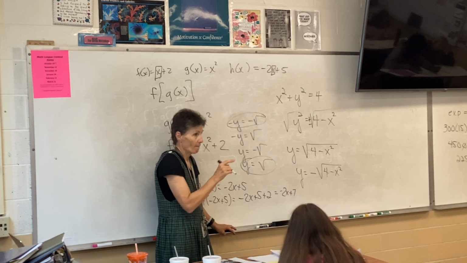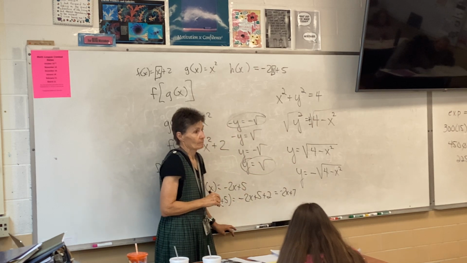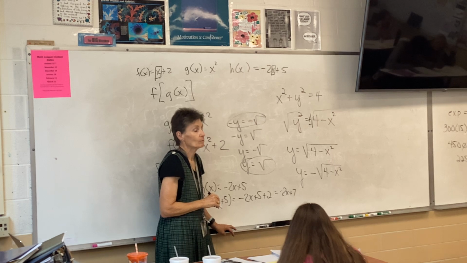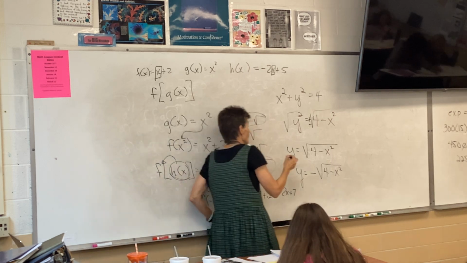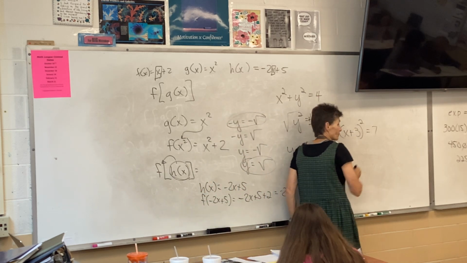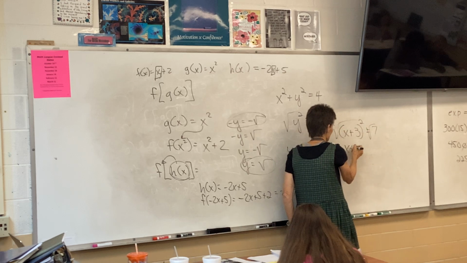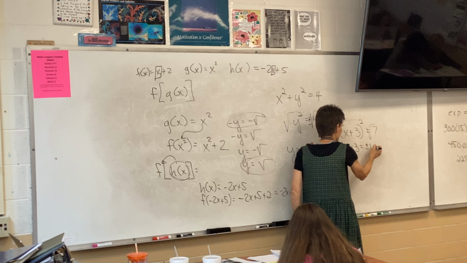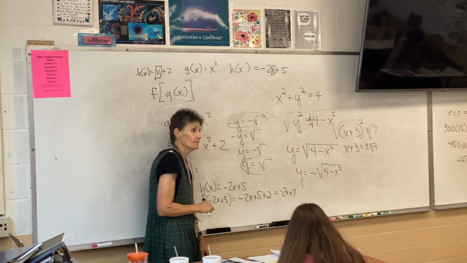So anytime you square root, you have to put plus or minus. Absolutely, you do. Think back when we completed the square, when we were solving equations and we had something like this, and we square rooted both sides, remember? We had to say x plus 3 equals plus or minus root 7 in order to get our two answers.